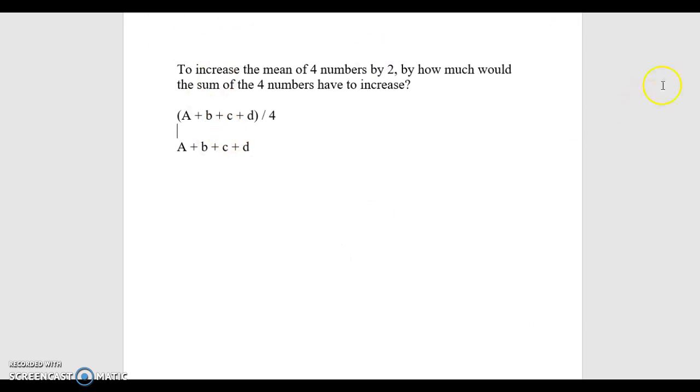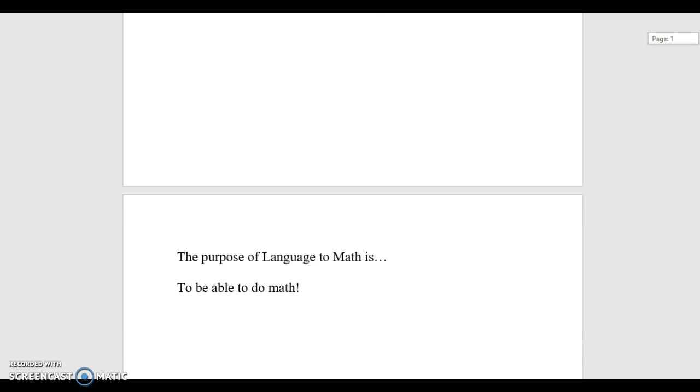So, what is the point of language to math? The purpose of language to math is to be able to do math, right? You gotta have math in order to be able to do math. You can't do math on words. That's not how it works, right? We don't go around being like, yeah, apple times banana tree equals. No, that's not what we do, right? We do 3 times 4, but we don't do apples times bananas.